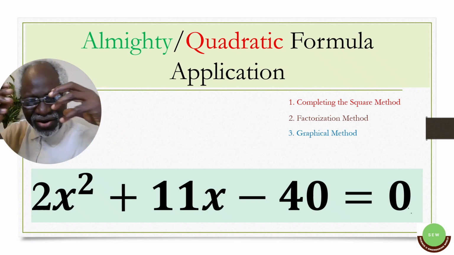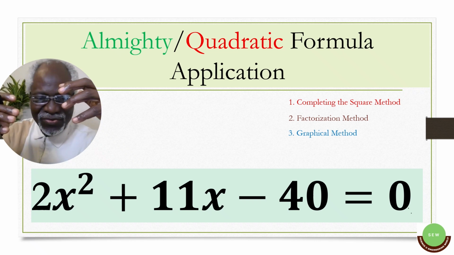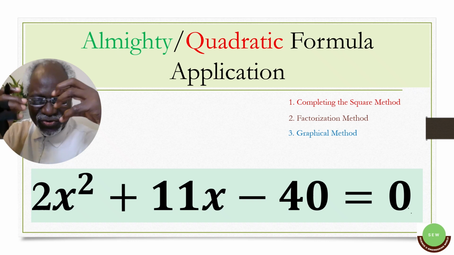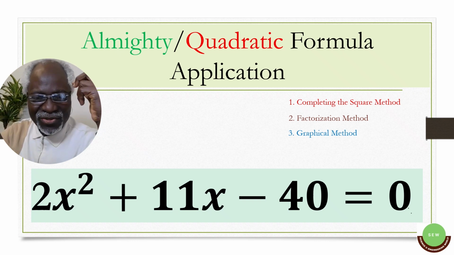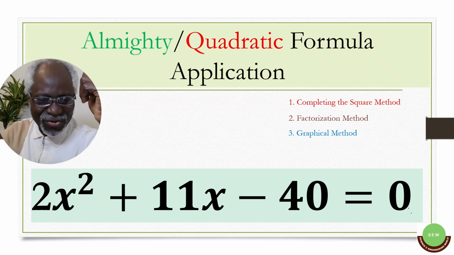And in all these three methods, we've obtained the same roots of this equation. Now, we want to employ the quadratic formula on this same equation, and we hope to obtain the same roots at the end of this presentation.